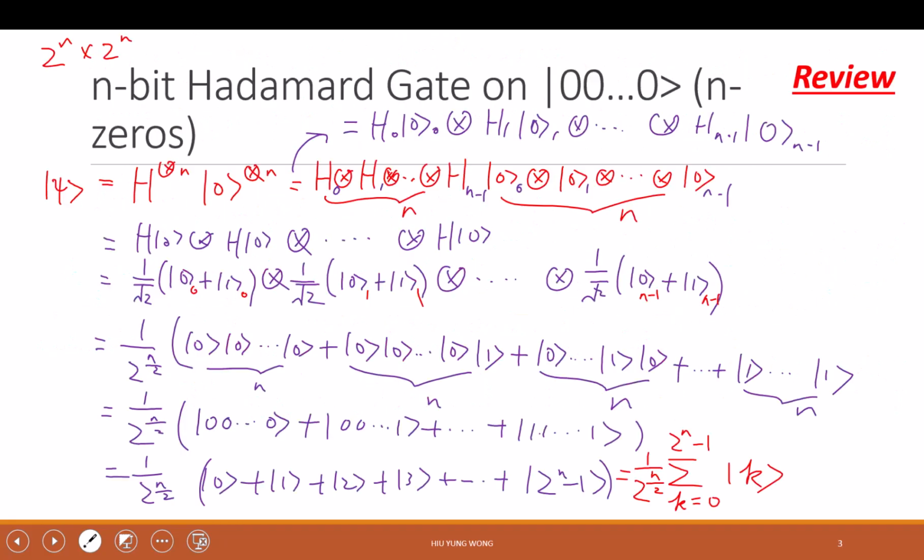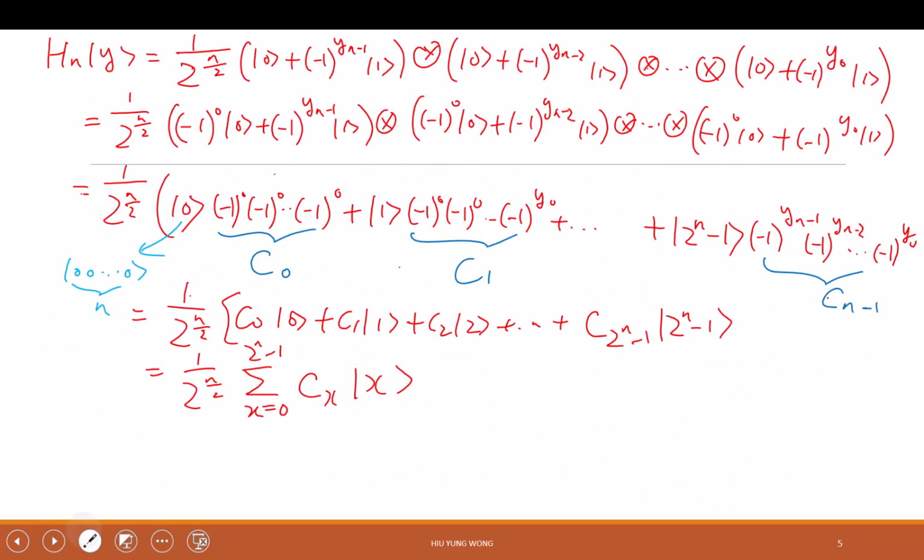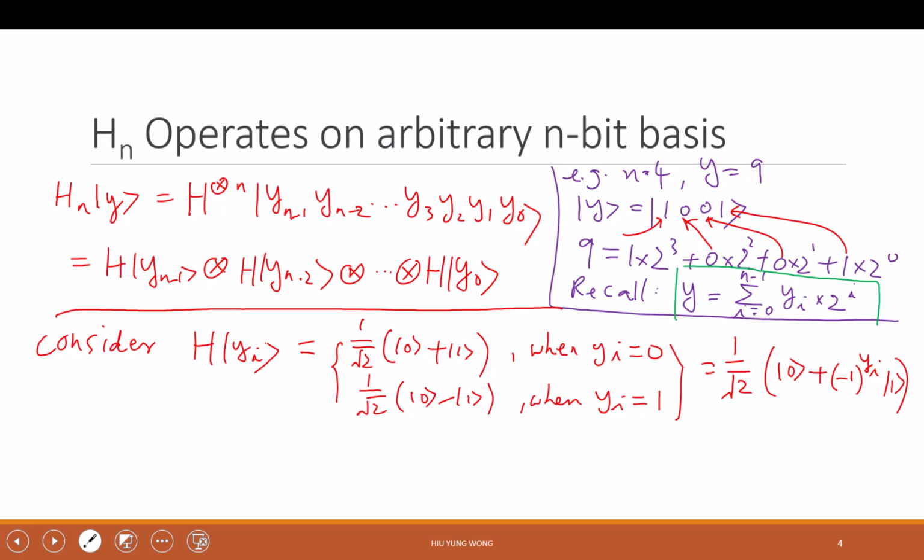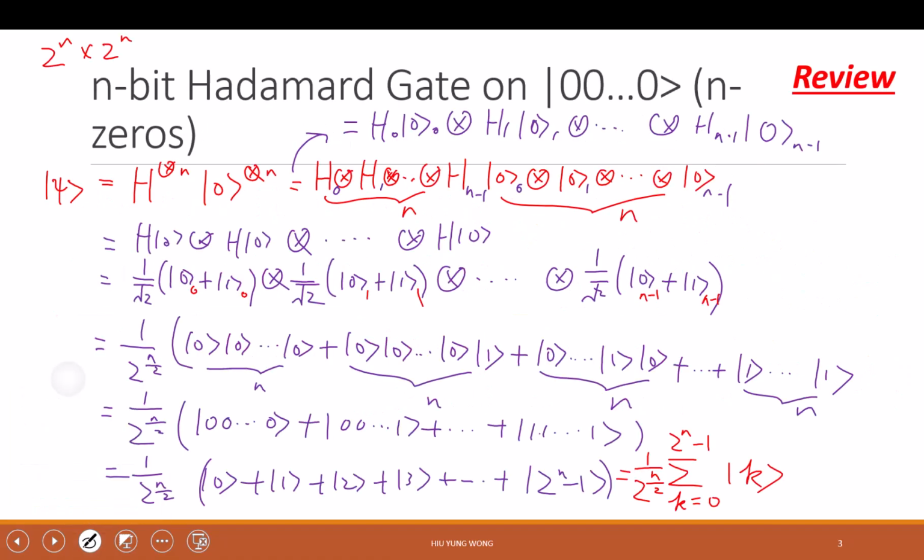Let's compare to this again. Here the coefficient is 1 in front of all of them. I need to call it x because of the textbook, but I called it k earlier, right? It doesn't matter. I can call this x also.